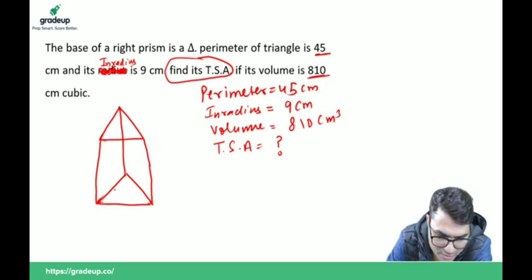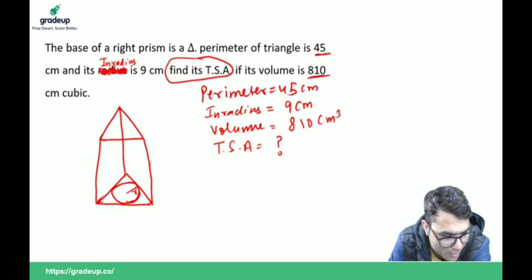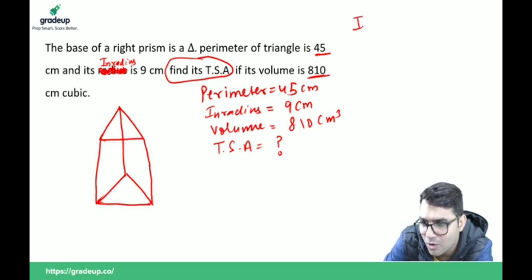Okay, Naresh, in radius is this. This is the circle and this is the in radius. Okay. So listen carefully. As you all know, the formula of in radius is equal to area of triangle divided by semi-perimeter.